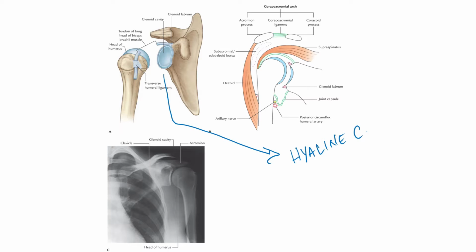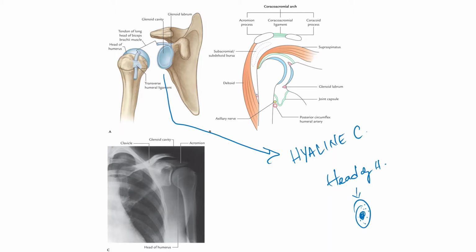But the arrangement of the hyaline cartilage is different. When we speak about the head of the humerus, the hyaline cartilage is thick over the center of the head, whereas it is thin at its peripheral margin.